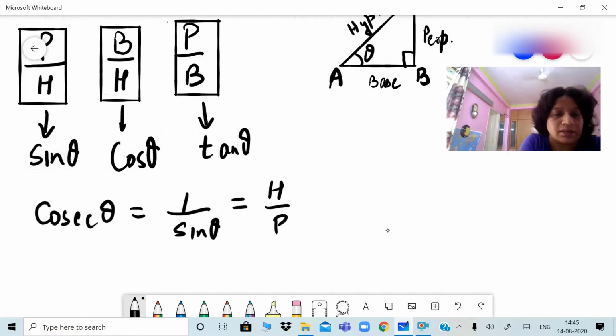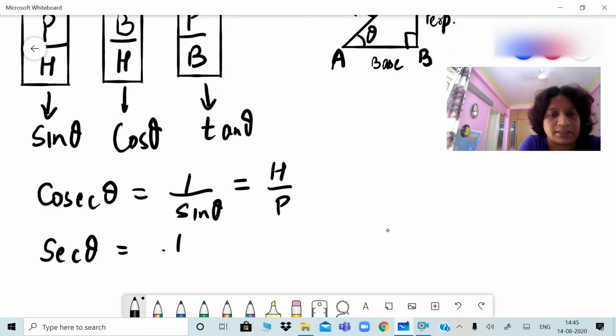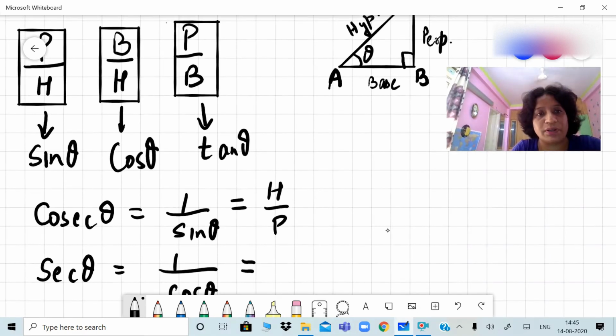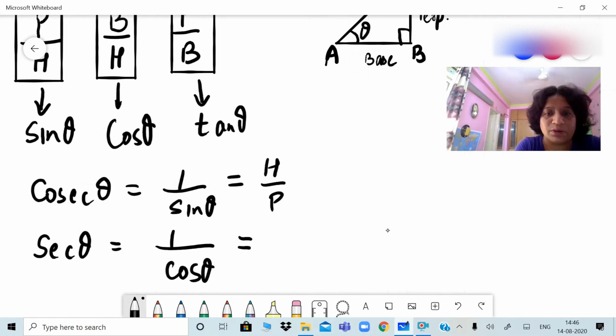And the reciprocal of cos is secant theta. Cos theta was base upon hypotenuse, so the reciprocal is hypotenuse upon base.